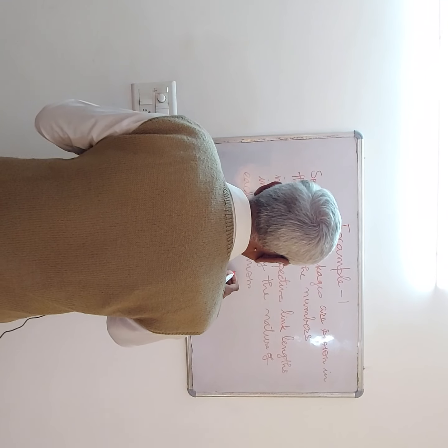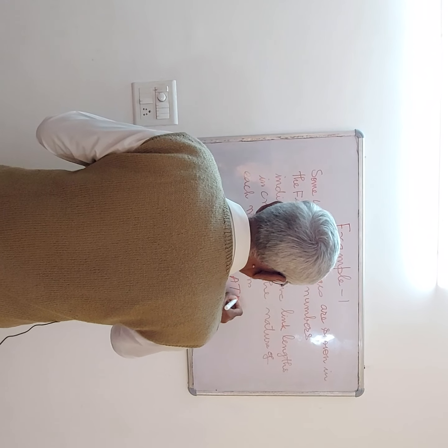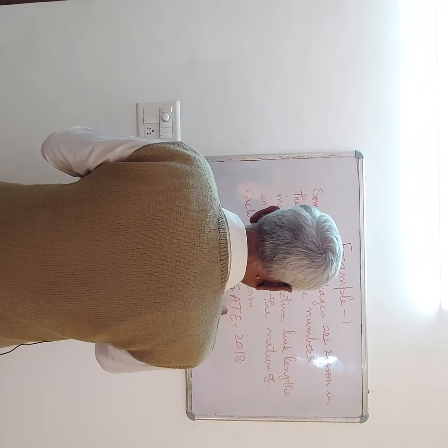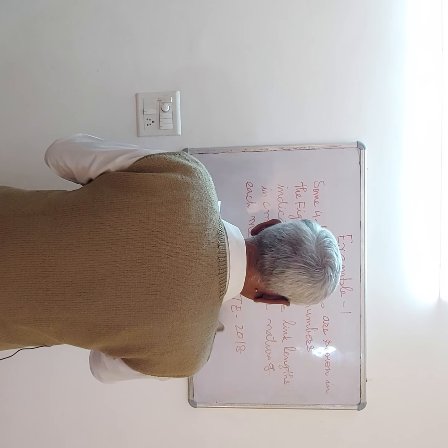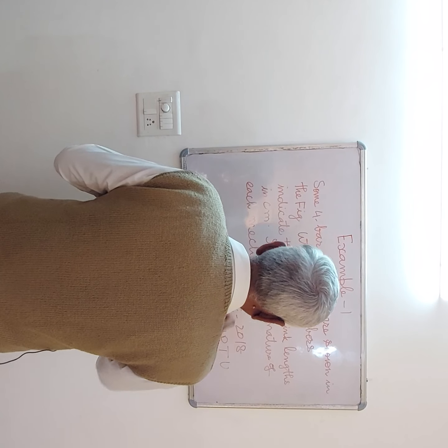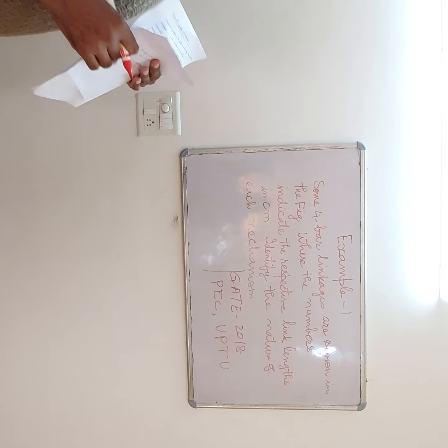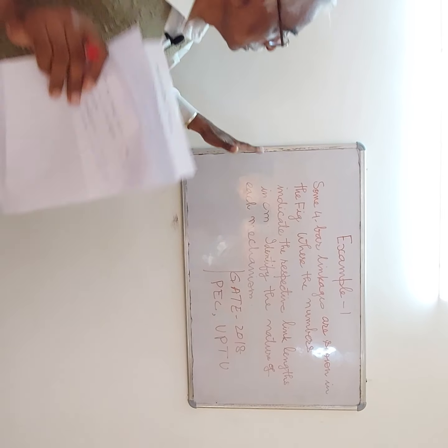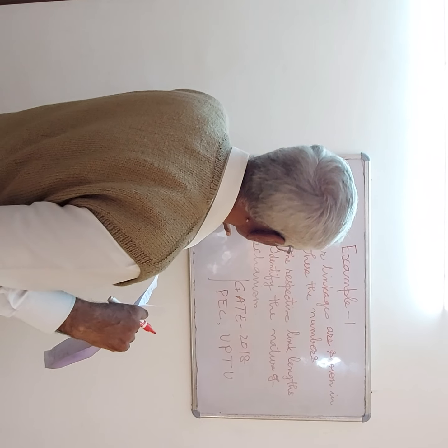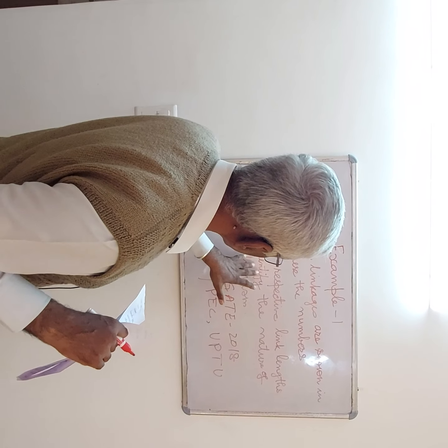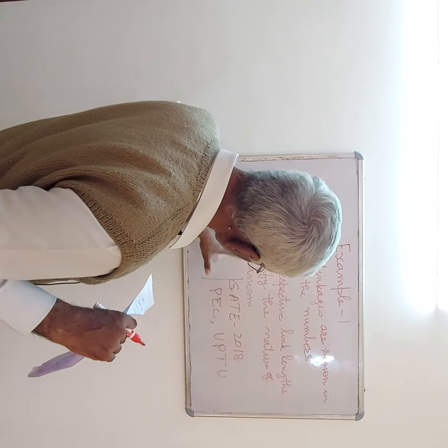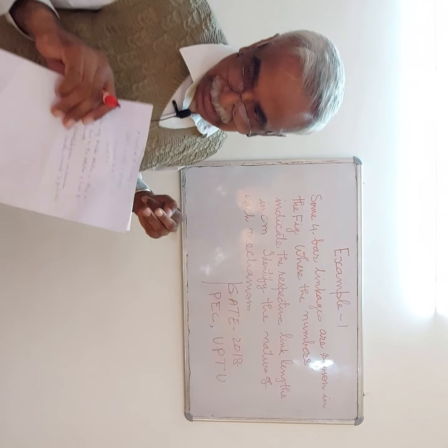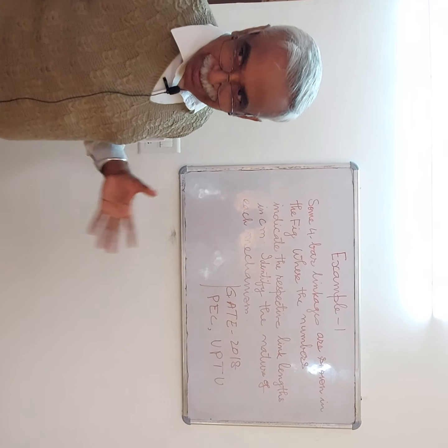This question was asked in GATE 2018, PEC and UPTU. This question was asked several times. Identify the nature of each mechanism, whether it is a double crank mechanism, a crank rocker mechanism, or a double rocker mechanism.